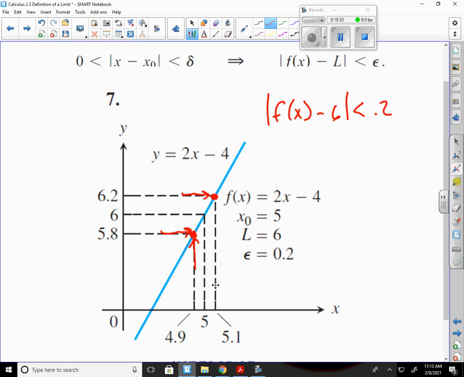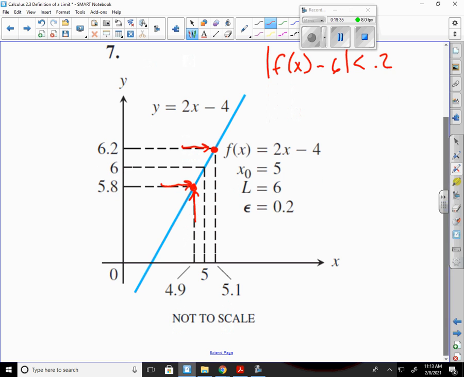So I had to be 0.1 above and 0.1 below, in order for my y's to match up 0.2 away. So that tells me my delta equals 0.1.